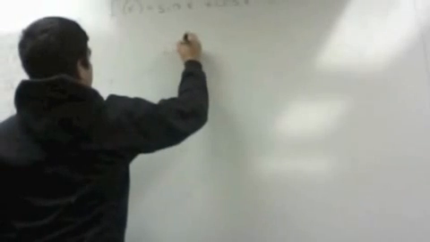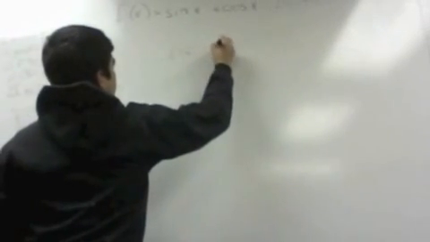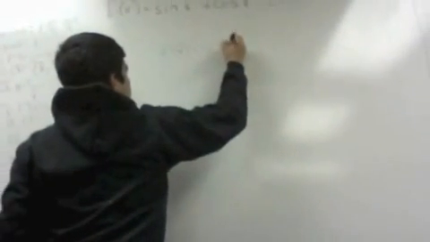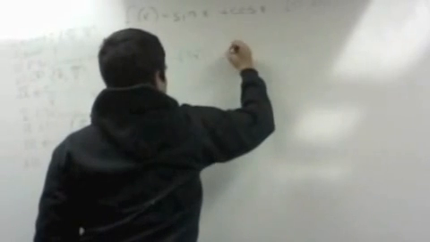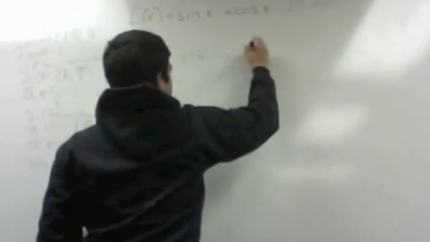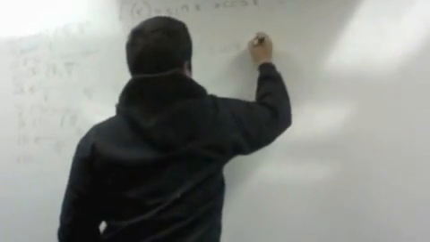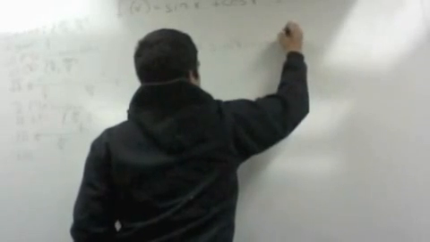So what do we do now? We can find the maximum and minimum values of the equation. To do that, we can substitute the critical points into the original equation. So we have that f of pi fourth is equal to sine of pi fourth plus the cosine of pi fourth.